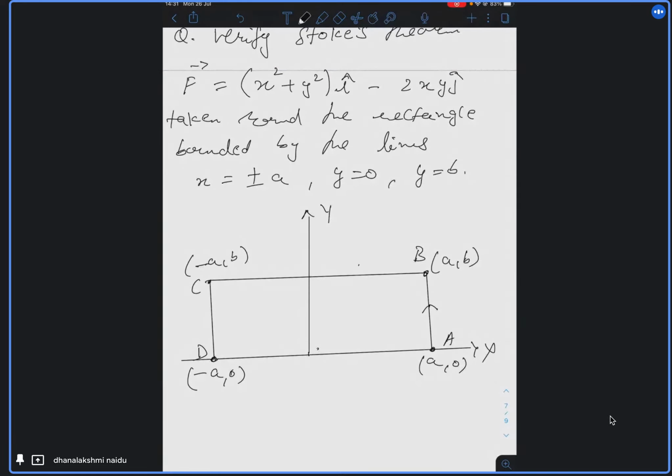In this order only you will go, because we have to travel in the positive direction.